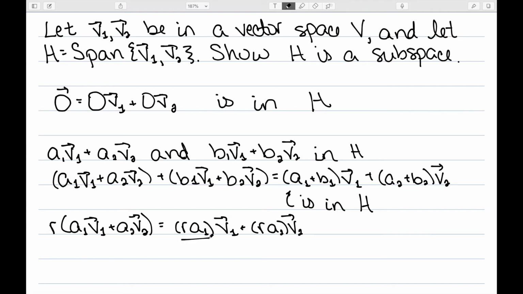And since each of these things here are just scalars, and I multiplied each vector by a scalar and added them up, this thing right here is in my span. So I've proven now that H has to be a subspace. And there's nothing unique here about two vectors. In general, if I have any set of vectors from a vector space V, the span of those vectors will be a subspace.